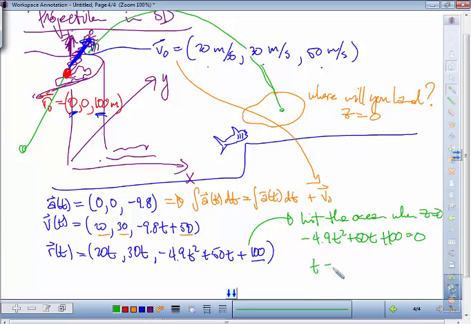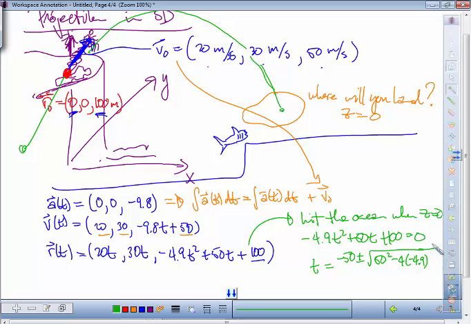So let's use the quadratic formula. Negative b, so negative 50 plus or minus the square root of 50 squared minus 4 times a, that's negative 4.9, so that makes it positive. Make sure that you don't get any imaginary numbers here.